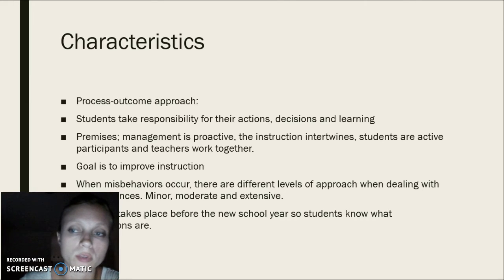A moderate, more severe behavior might be getting up and walking away, and these consequences can be a privilege taken away, and then the most extensive behaviors, any type of violence, could result in a conference with the teacher and the parent and the principal.